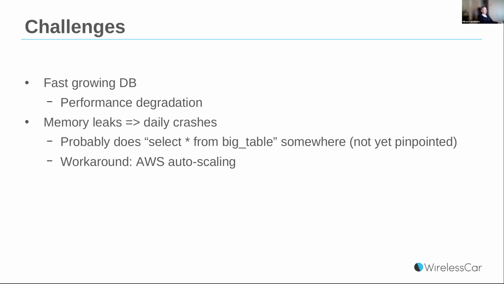The reason for this is probably some part of some method that loads all the contents from some big table, serializes it into Java objects and fills the heap. And that crashes the JVM. The workaround, we handle it by auto-scaling in AWS, which at least can make us sleep during the night.